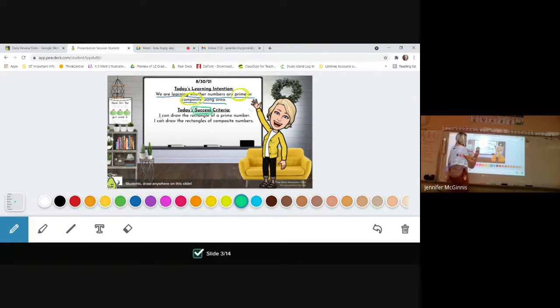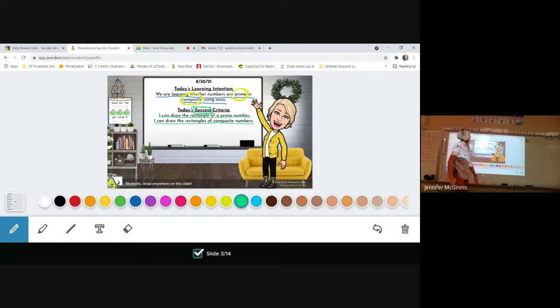I want to know, can you draw the rectangle of a prime number? Can you draw the rectangle of a composite number? This is my success criteria. If you can do these 2 things, then we've been successful together. If you cannot do these 2 things, then we need to go back and revisit.